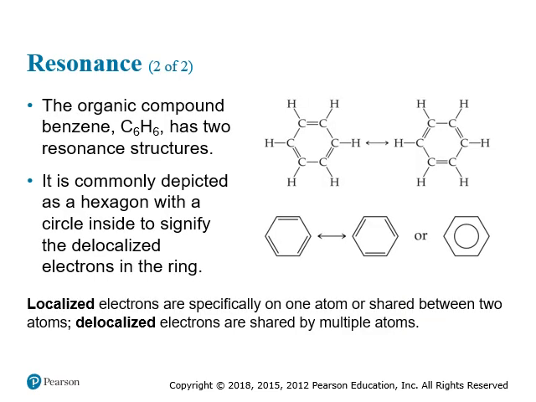The organic molecule known as benzene, with the formula of C6H6, has two structures that would be considered resonance structures.